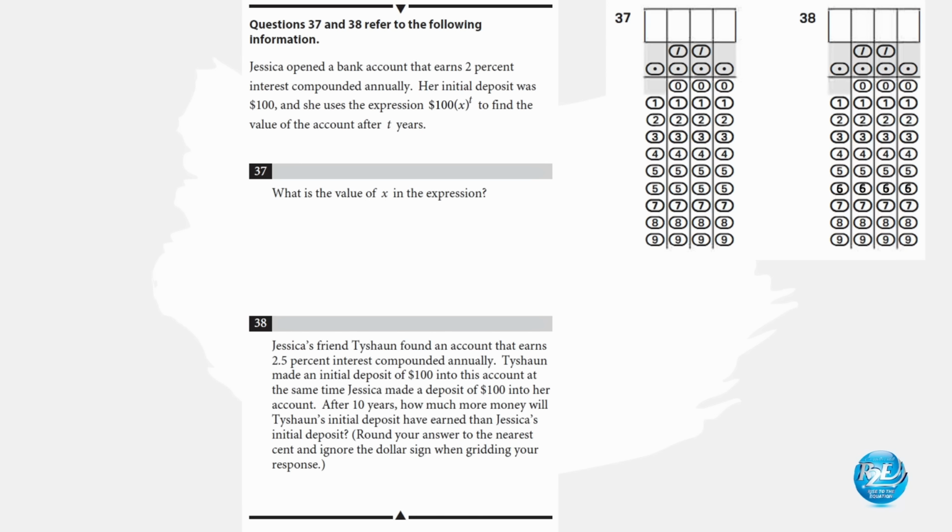Okay, we will do number 37 since it's a two-part question, but 38 is the one I'm really interested in. For 37, you should know that when calculating income growth, the base x should be expressed as 1 plus the interest rate, where the interest rate is always expressed as a decimal equivalent. So x is 1 plus 0.02 or 1.02. Let's grid that in at the top.